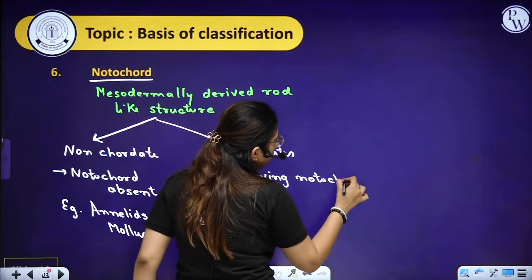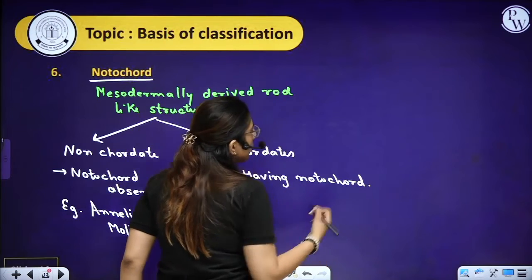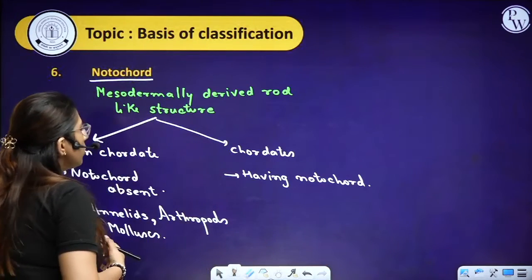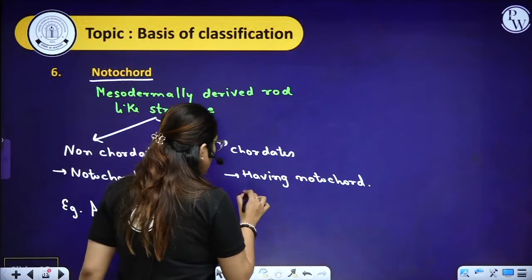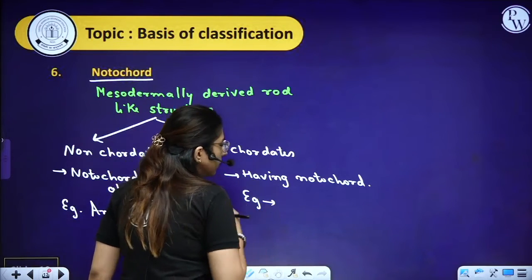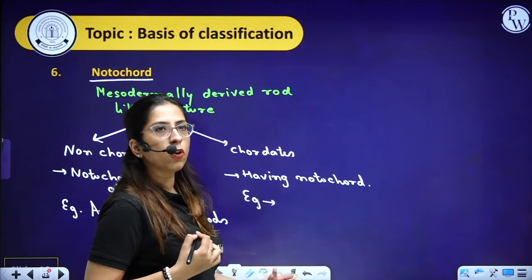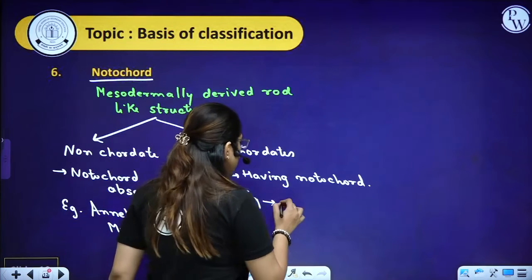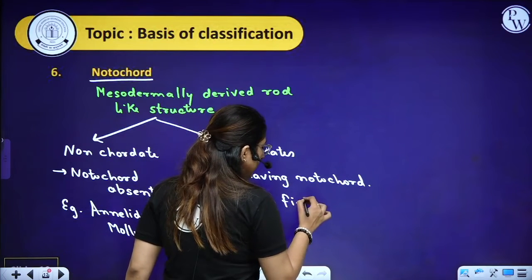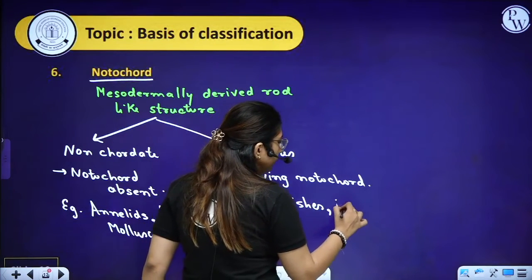whereas those who have notochord, having a notochord-like structure, right? For example, in the chordates, the fishes, Pisces, right?